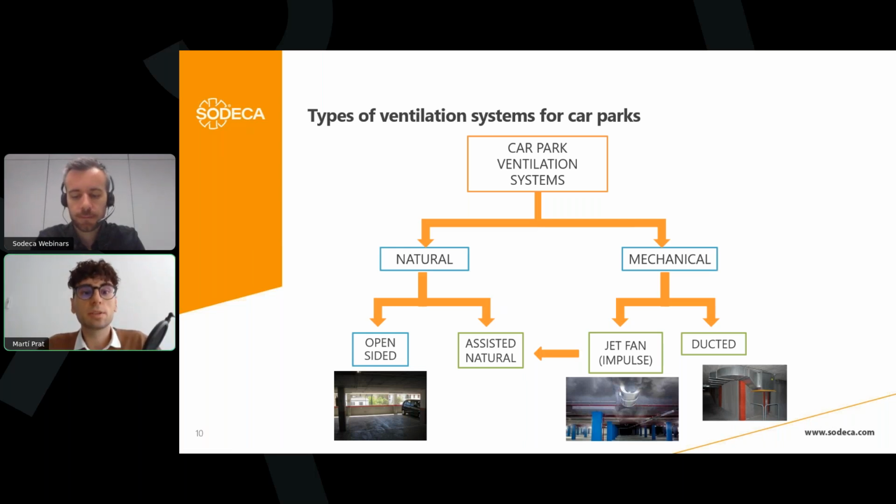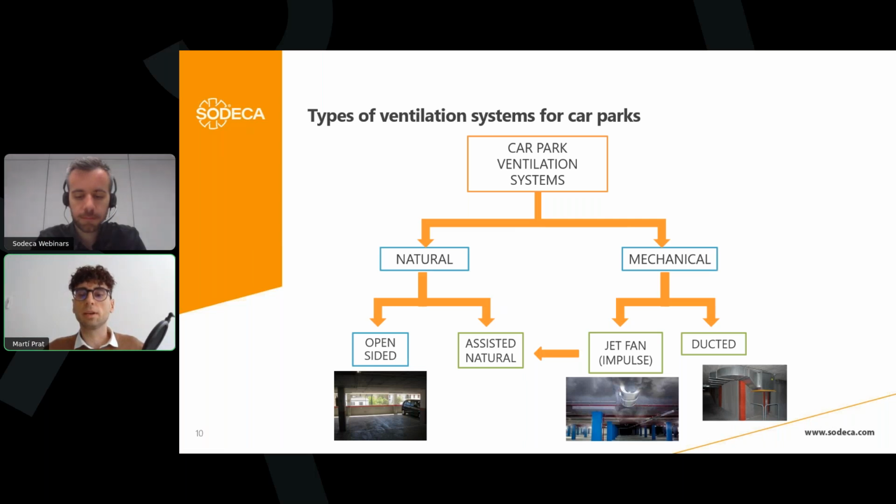We have different types of ventilation systems in car parks, but this does have many restrictions, also explained in the RIGIS standard. If we want to have natural ventilation, the openings must be in opposite facades, and these openings must be of an area greater than 5% of the effective area of the car park.